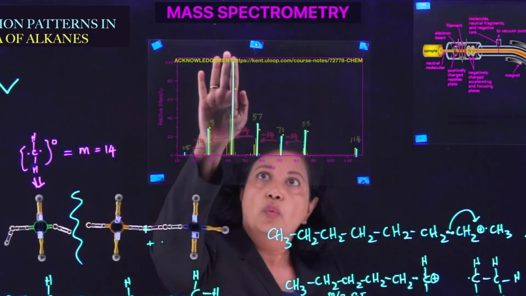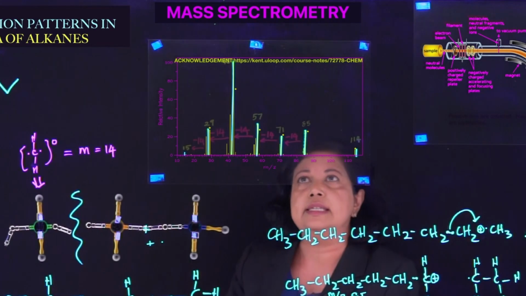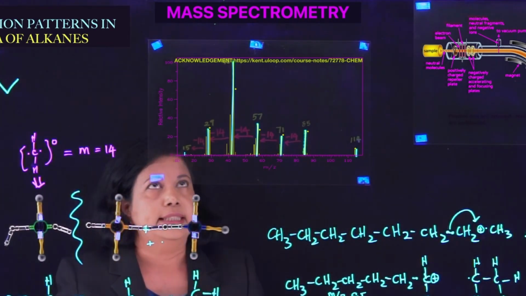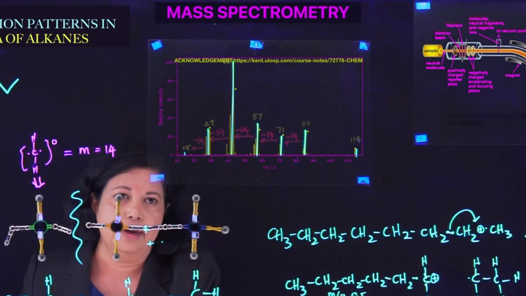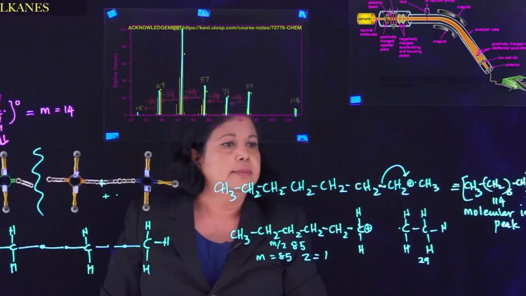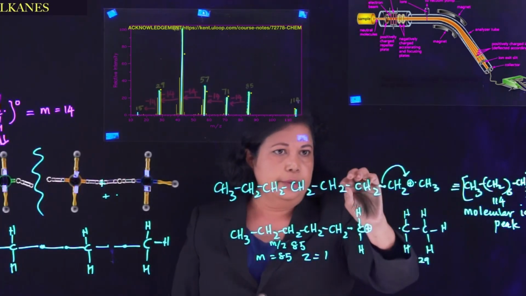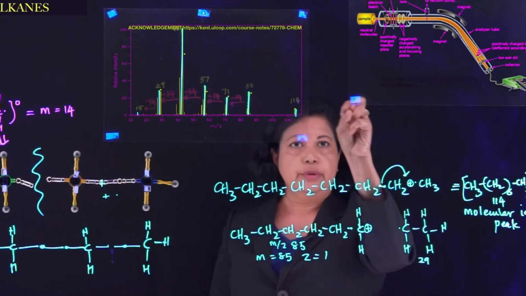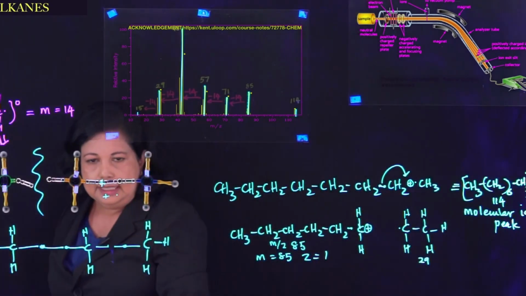So what's 43? Let's look at it. 43 means if you have 3 carbons, that's 36, so probably this is a 3-carbon fragment. You can think of this as losing CH2 serially one at a time, or there's another very likely possibility.